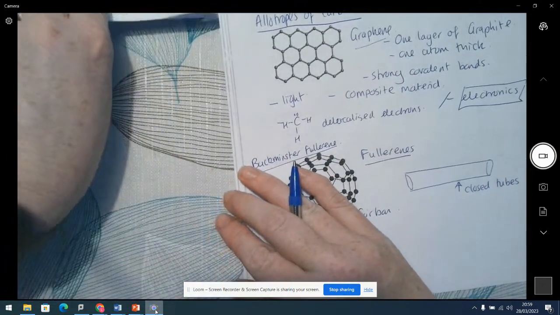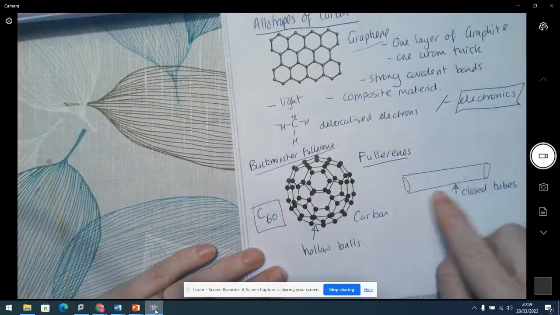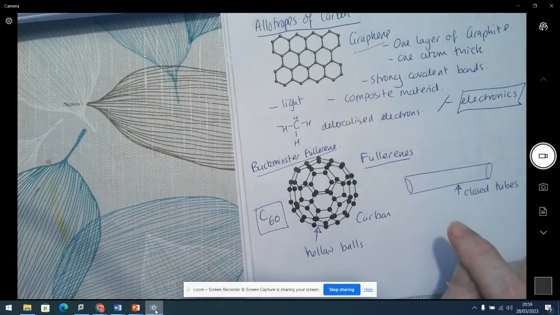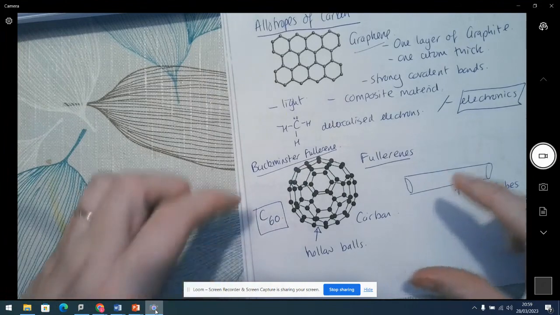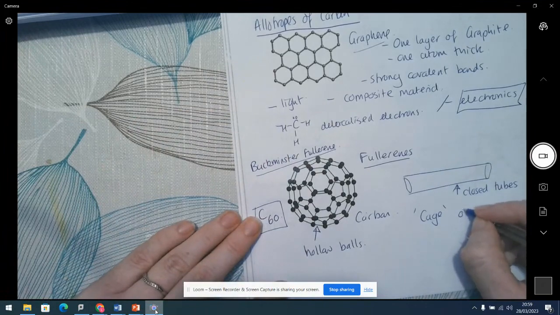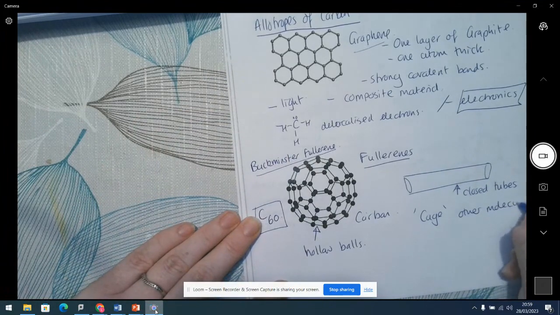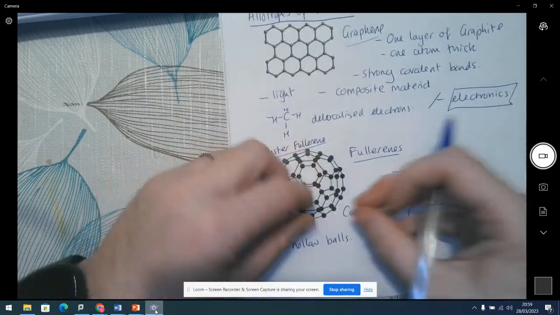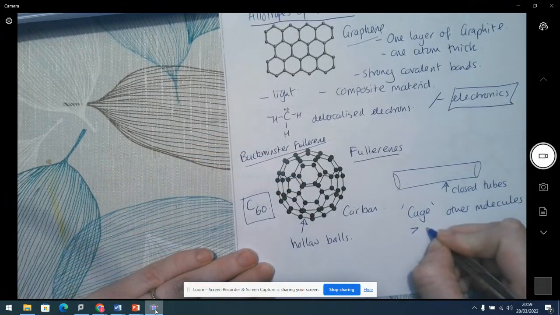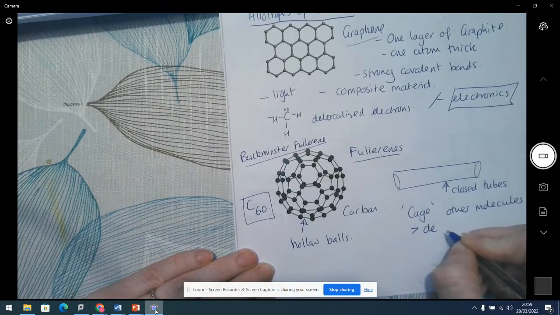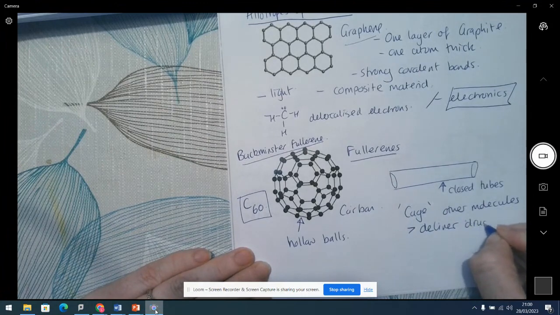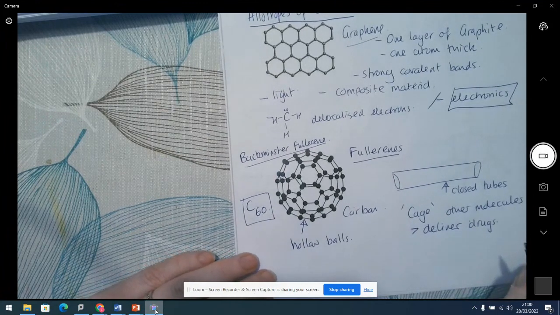And the reason why it's a hollow structure, and again here I've got a hollow structure too, so just be aware of that, is because actually these are usually used to what we call cage other molecules. So they act like a cage to trap in other molecules. And that's why they're often used in the delivery of drugs in the human body, because these are exceptionally small in terms of size.